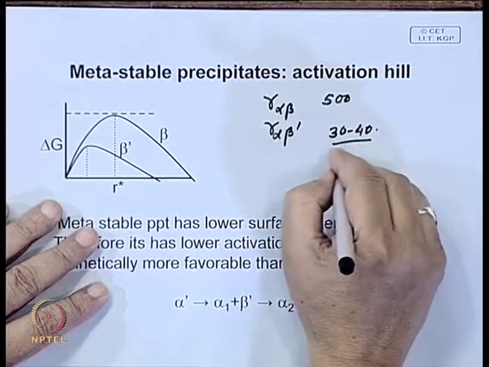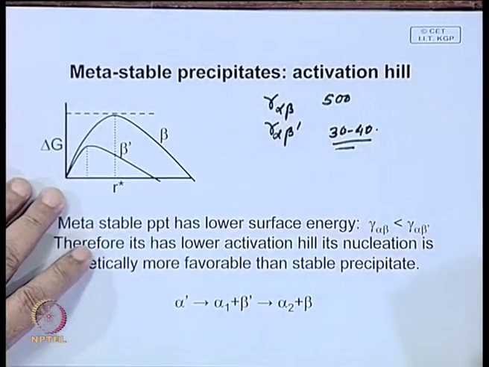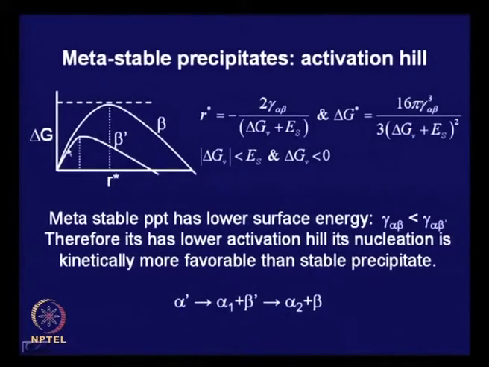If that is so, you see immediately that the critical nucleus size becomes smaller, and the activation hill which it has to overcome also becomes lower, since this term will dominate.